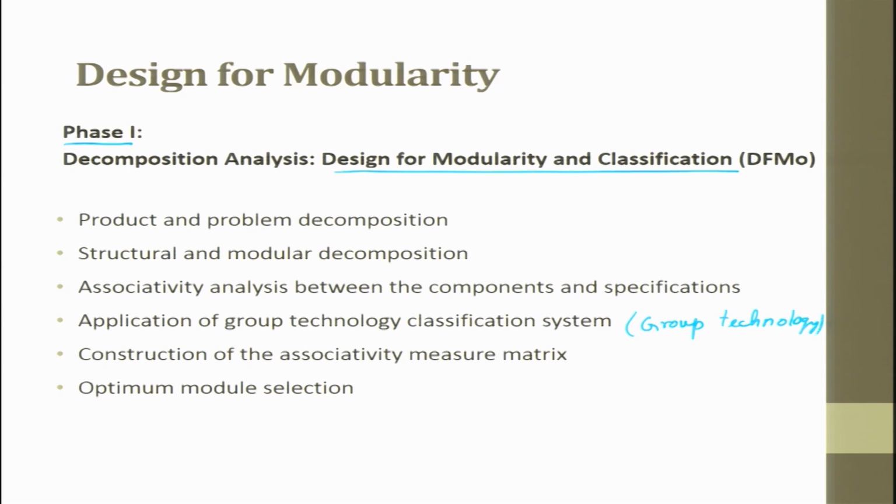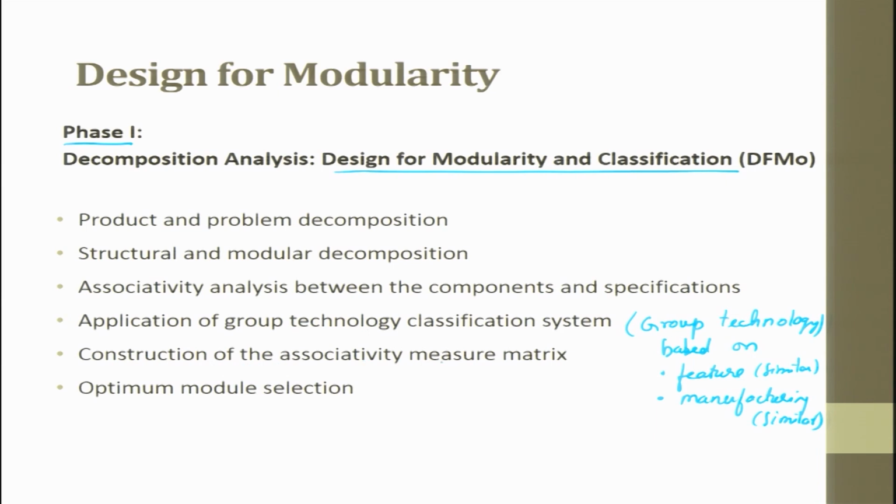Group technology is done majorly from the manufacturing point of view or from the design point of view, where grouping is done based on features or manufacturing, which is similarity, similar features and similar manufacturing. So, that is the application of group technology classification systems, which is part of modularity.